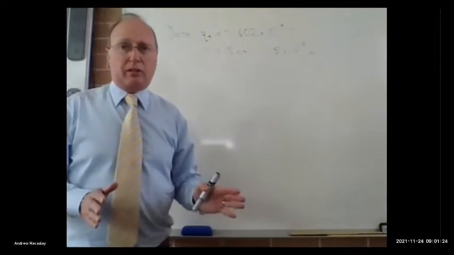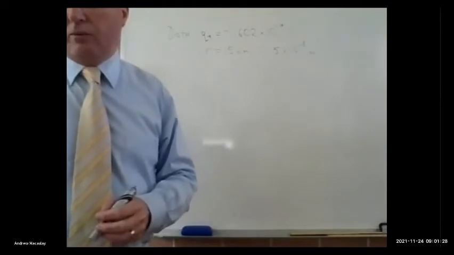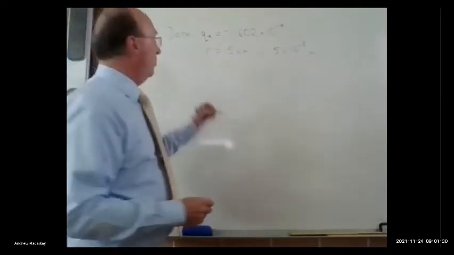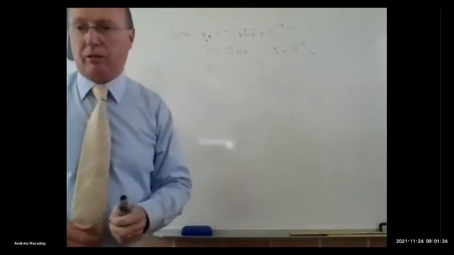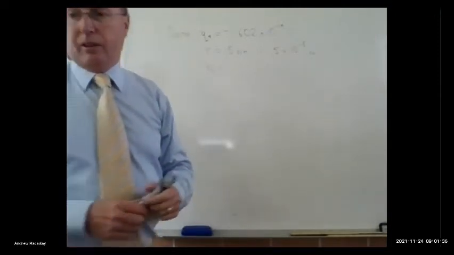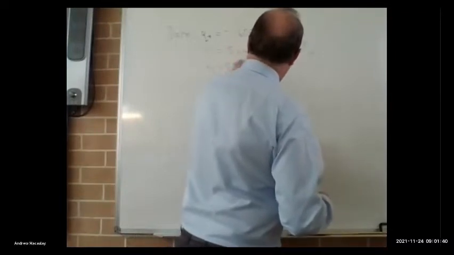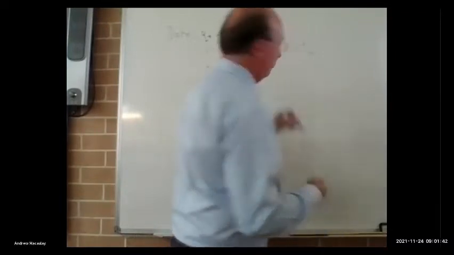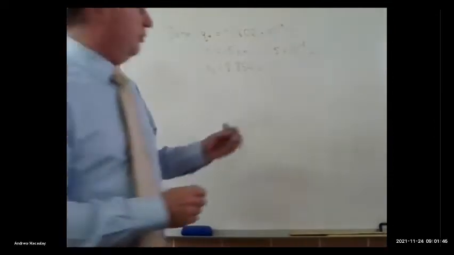And we put it in scientific notation because it's easy to put on the calculator. And then the next thing is we've got this constant, epsilon 0, again from the data sheet. Epsilon 0 is 8.854 times 10 to the negative 12.